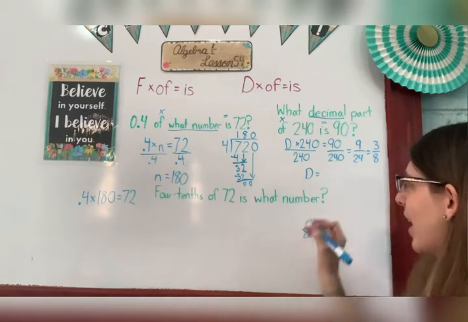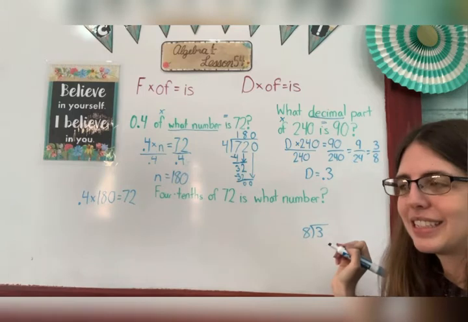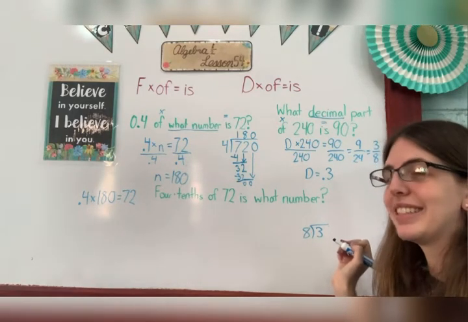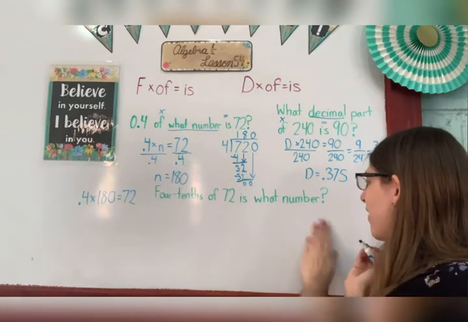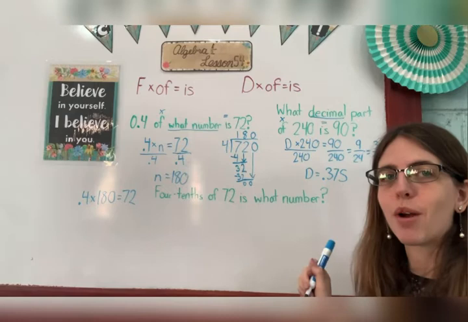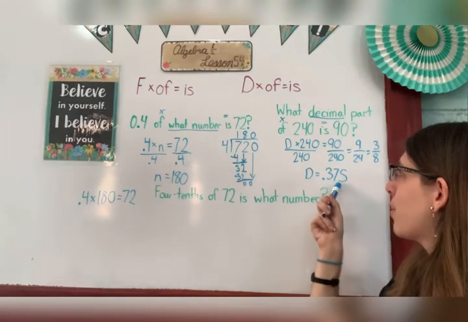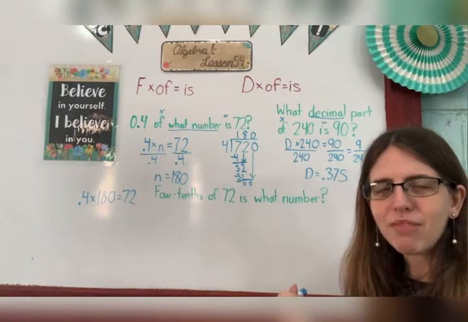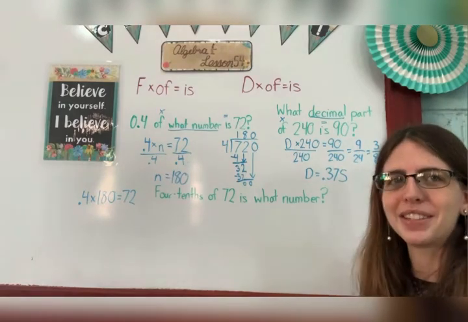And when you divide that out, you would get 0.375. If you don't have that memorized, that is something that you should memorize. 0.375 is your decimal. Again, put 0.375 in place of D, multiply, and see if you get 90 to make sure you have the right answer.